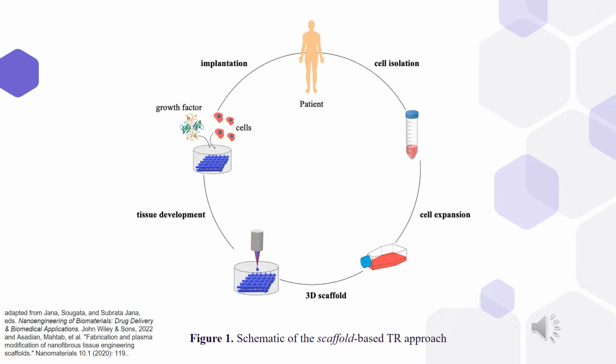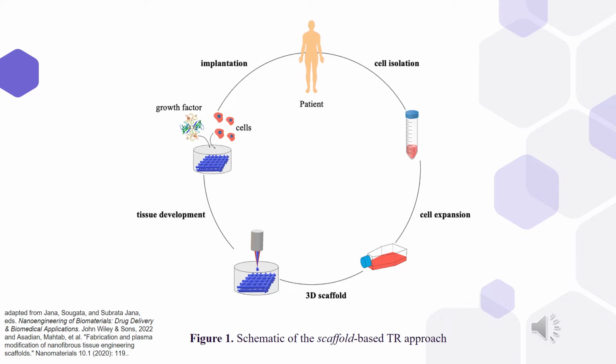We have many ways to build this scaffold, but currently 3D printing has gained a lot of promise. Because of the precision of the 3D printing process, we can build a custom structure. After the scaffold is built, the cells extracted from the patient are placed in interaction with the scaffold and with specific growth factors for the formation of the tissue of interest.